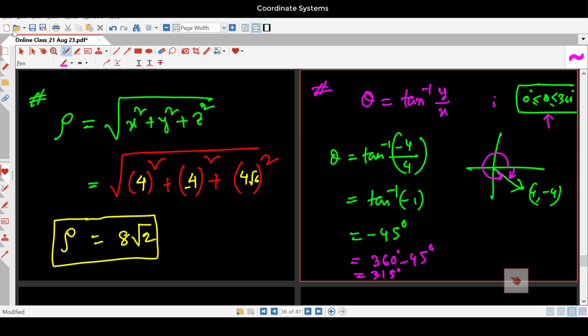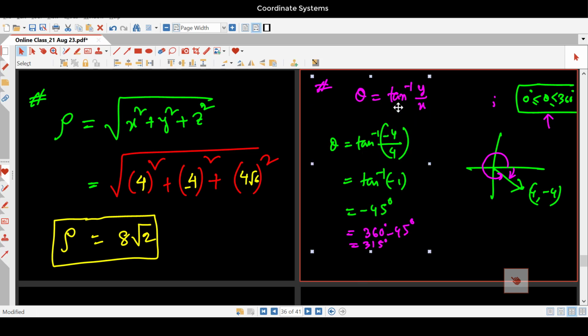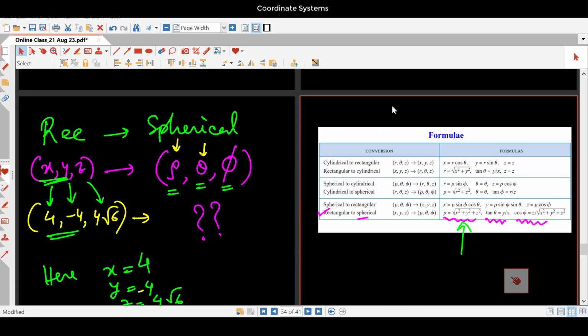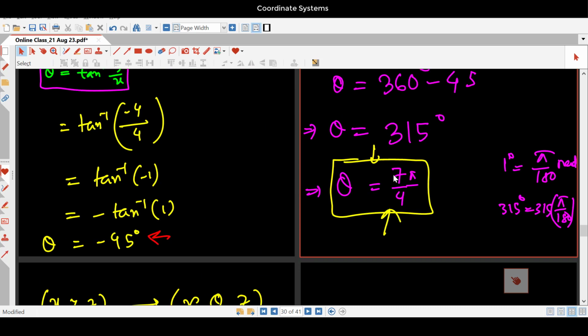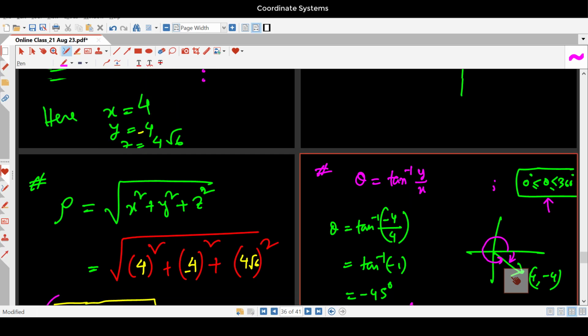That means this is theta. And we can write or keep the angle in radian form. So already we have done this. So theta equals 7 pi over 4. So we have found rho and theta.